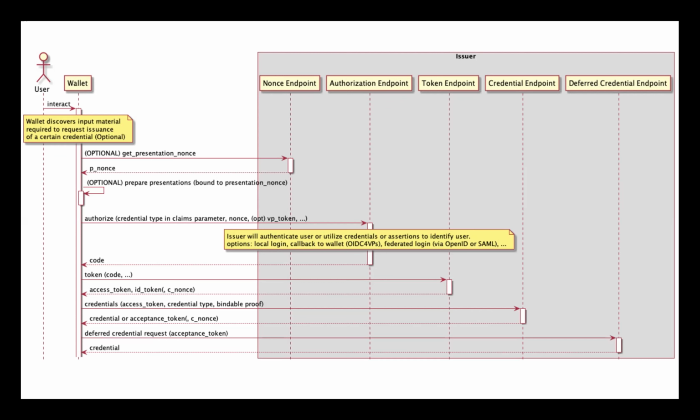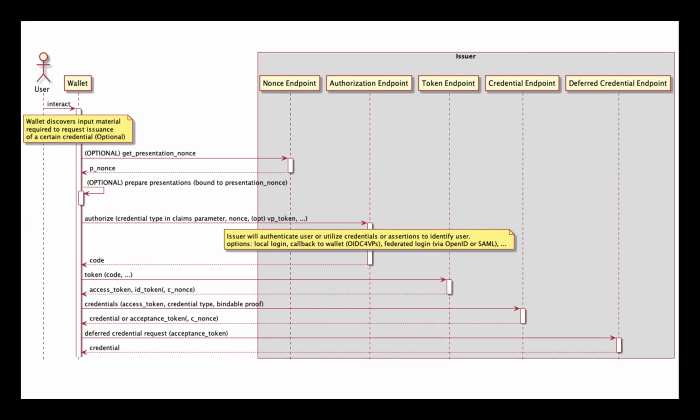All right. So this is the basic sequence diagram for the flow. Not all the requests and responses are mandatory, but I will guide you through the sequence, and we can then also take a look into the details of the different endpoints. So the starting point is that the wallet reaches out to the issuer and wants to obtain one or more credentials.